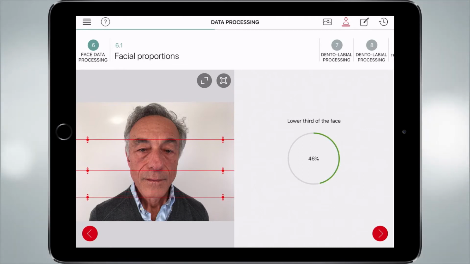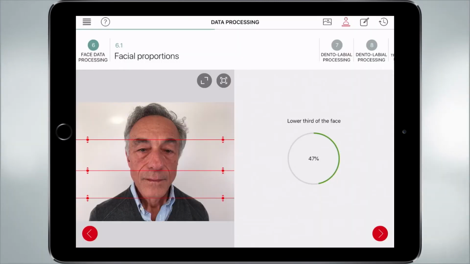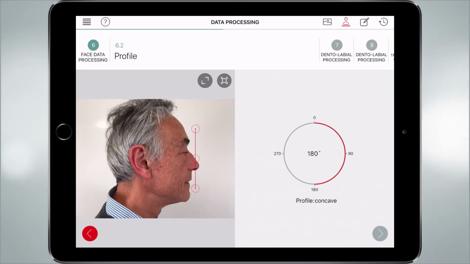So now we go back, enlarge again to have the chance to see 48 more or less, 47, we put it like before, 48. And now we go ahead from 6.1, that is the step that we are analyzing now. So now in step 6.2, we detect the profile of the patient.